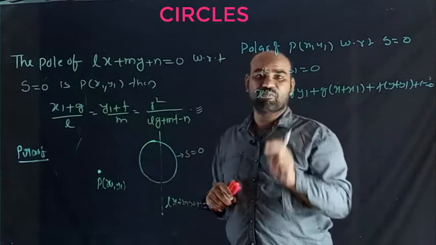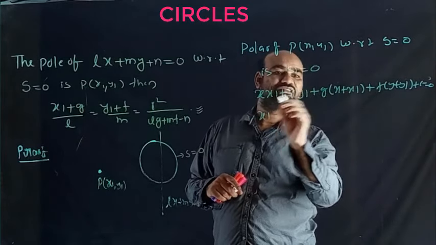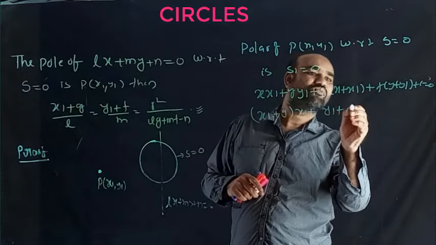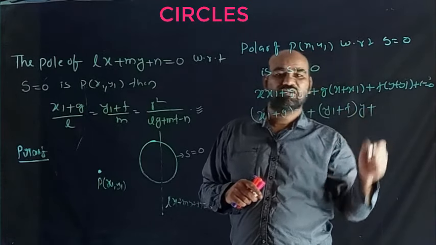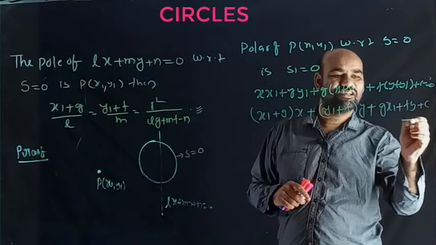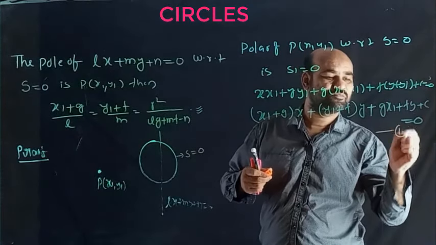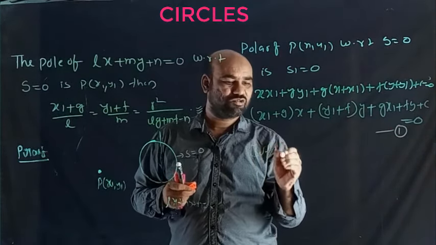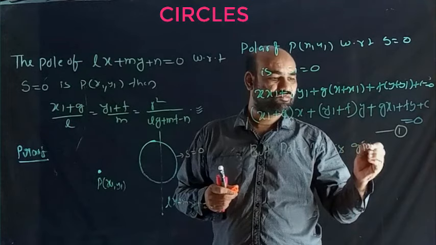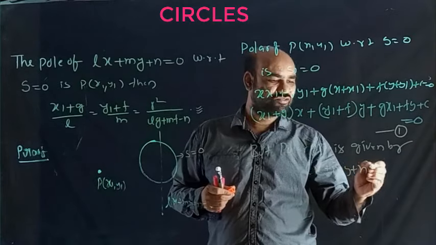But again I want to convert this into the form of ax plus by plus c equal to 0. So (x1 plus g) times x plus (y1 plus f) times y plus gx1 plus fy1 plus c equal to 0. This is the polar of P. But the pole of P is given by Lx plus My plus N equal to 0.